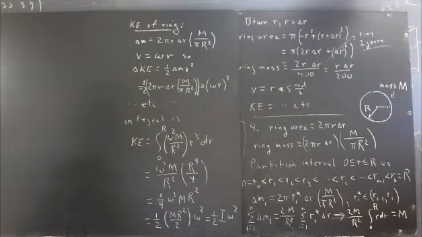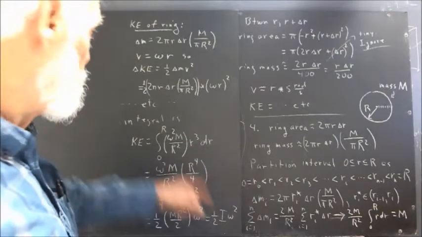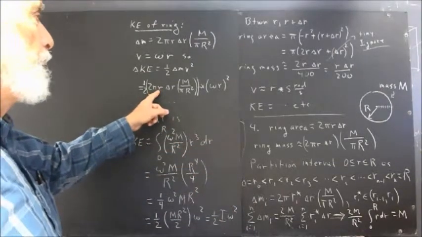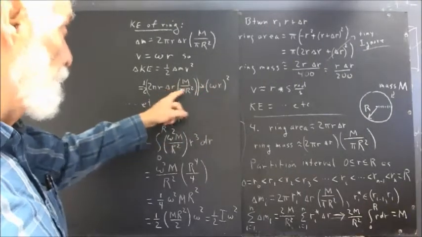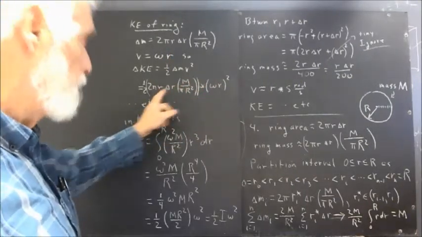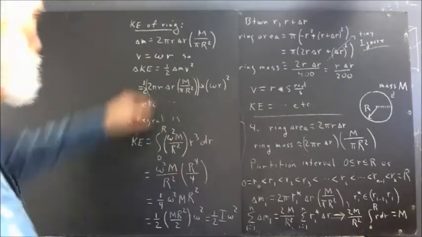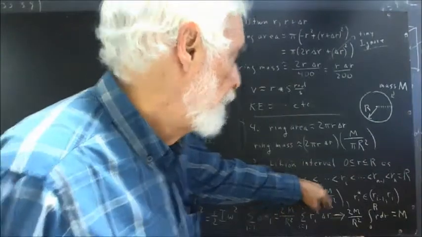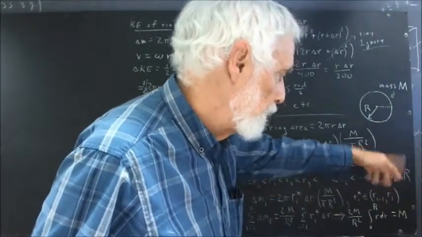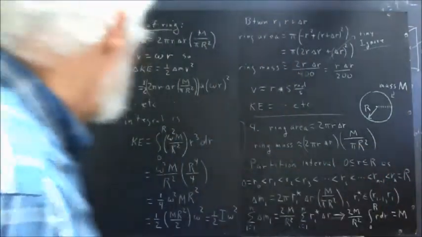For the typical interval, we'll have an r sub i star here and here. That's going to give us an r sub i star cubed instead of just an r sub i star, so when we do the integral, we're going to have an r cubed in the integral.